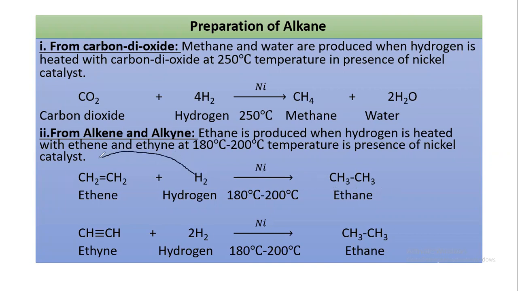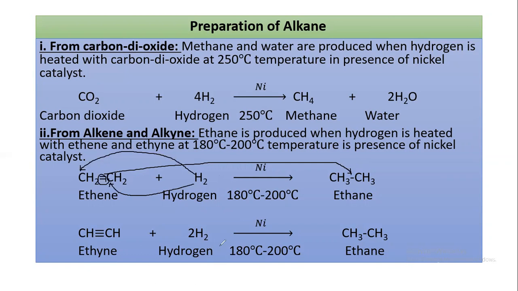Here one hydrogen atom is attached to this carbon, and one hydrogen atom is attached to this carbon, and we'll get CH3 and CH3, and this double bond will be converted into a single bond.